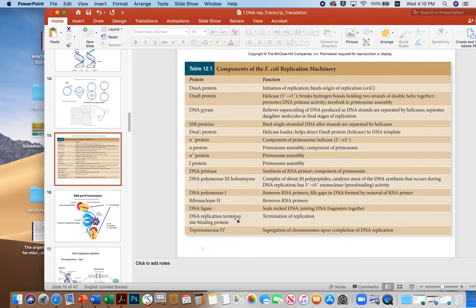And of course, then the replication termination proteins, the Tus proteins, for example, and then the role of topoisomerase. So I want you to focus on those things that I just mentioned, and then look at the video and kind of cross-reference how these things work.